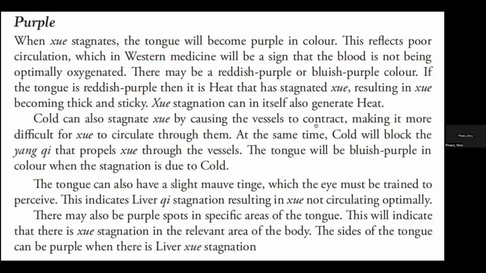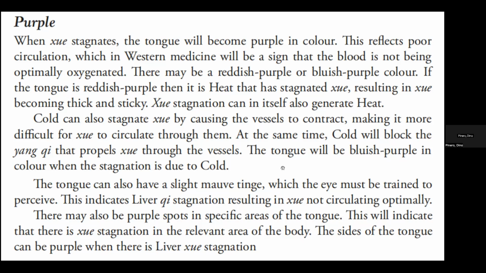So naharangan yung yang qi mag-flow, kaya nagkakaroon ng stagnation. The tongue will be bluish purple in color when the stagnation is due to cold. So sa cold we have a bluish purple, while sa reddish purple naman, this is because of the heat. So ito po yung pag-distinguish whether yung stagnation ay caused by heat or by cold.